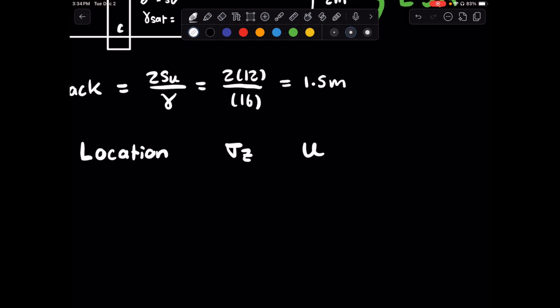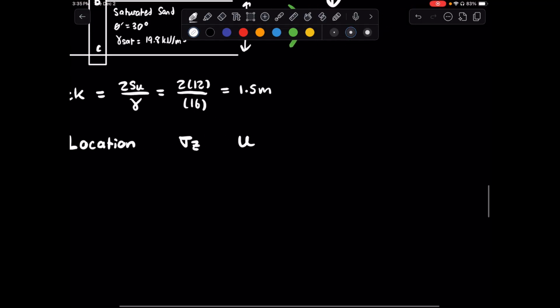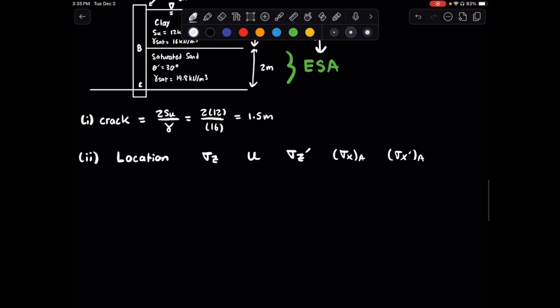Is there any pore water pressure? What is the effective stress, if any? And then what is our total horizontal force or our effective horizontal force, depending on if it's ESA or TSA.